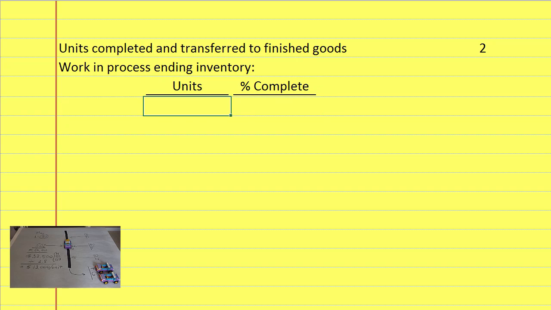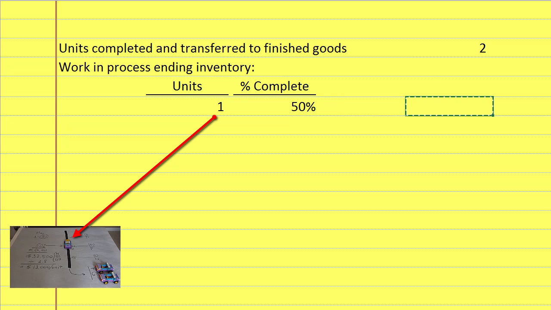And there are 2 parts to that: number of physical countable units and the percent complete for those physical countable units left on the assembly line at the end of the month. Let's center those and underline them. And for this example, for the month of May, we had 1 unit left on the assembly line at the end of the month in ending work in process inventory, and that unit was 50% complete.